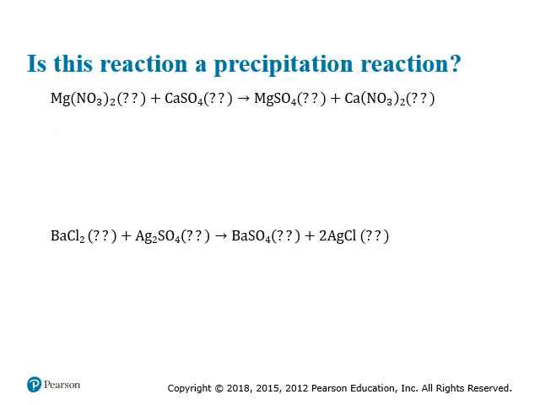So here are two more examples. Do these two equations represent precipitation reactions? The first one involving the combination of magnesium nitrate and calcium sulfate in order to form magnesium sulfate and calcium nitrate. The latter involving the combination of barium chloride and silver sulfate in order to form barium sulfate and silver chloride.